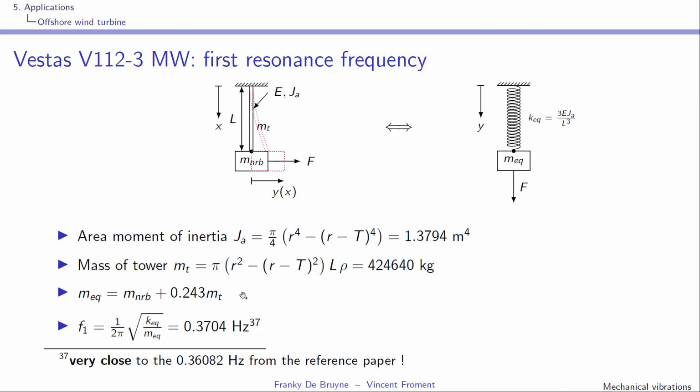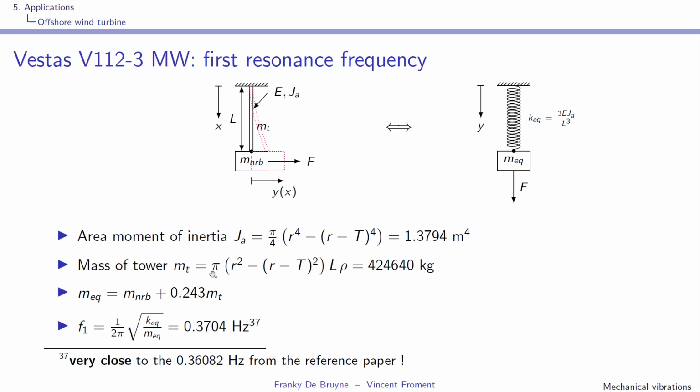Well, the equivalent mass is given by this formula over here. MT here is the mass of the tower, and MNRB is the total mass that represents the nacelle, the rotor and the blades. This formula has been obtained earlier on in the course, so what we need is to compute the mass of the tower.